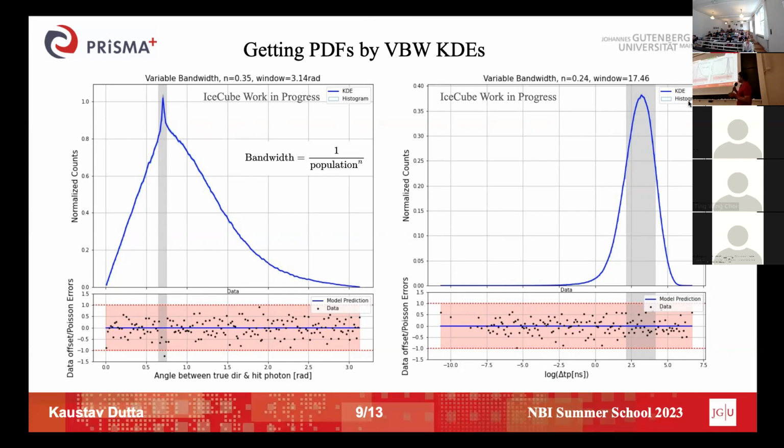In a variable bandwidth, you define a window which passes through your data set on each of your data points, and the bandwidth is calculated depending on the density of data points inside that window. So it depends on the localized densities, and then you sum up all of those individual kernels to give you a nice KDE, as you can see here, and it agrees with the histogram bin populations within one sigma, which is really good.